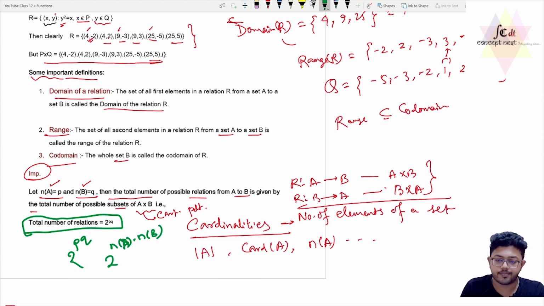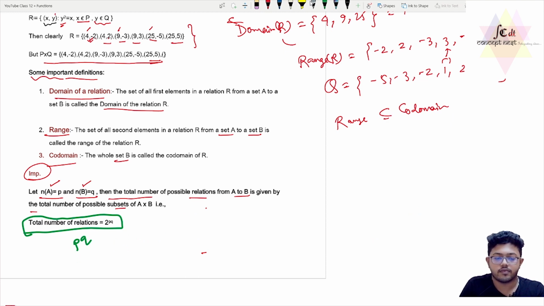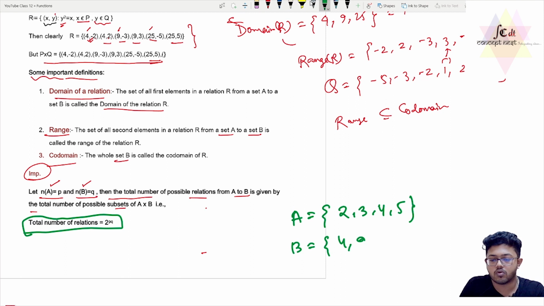So, for example, let me just erase this part. For example, if I have one set, say A equals 2, 3, 4 and 5, and B equals 4, 9, 16 and 25, then A cross B contains 2 to the power PQ subsets.